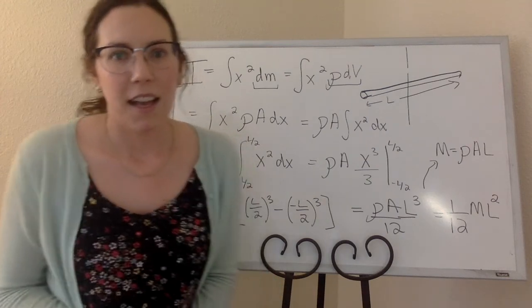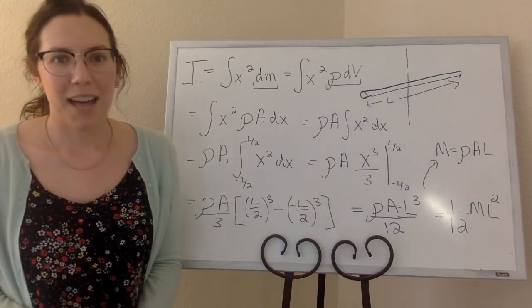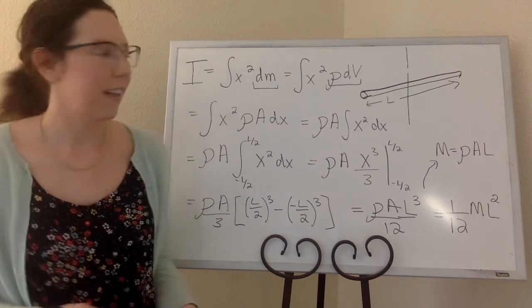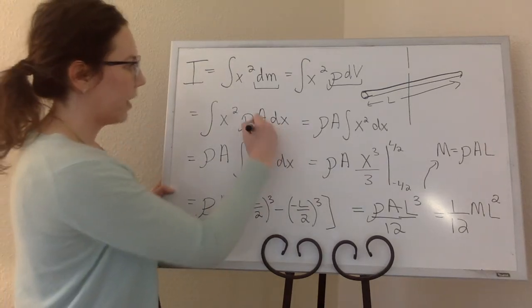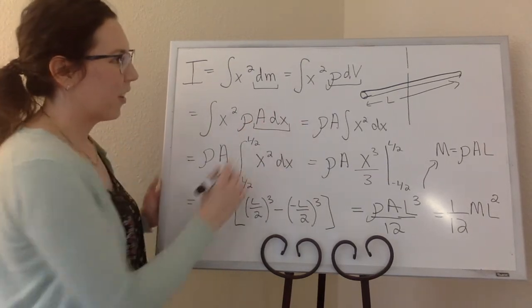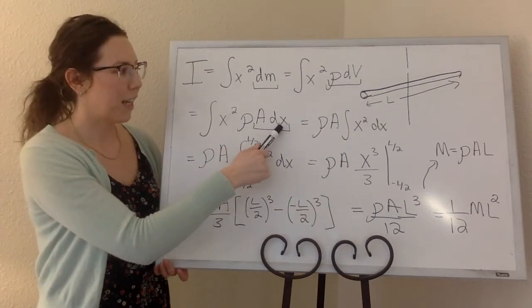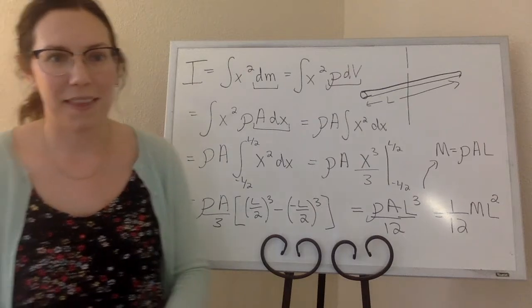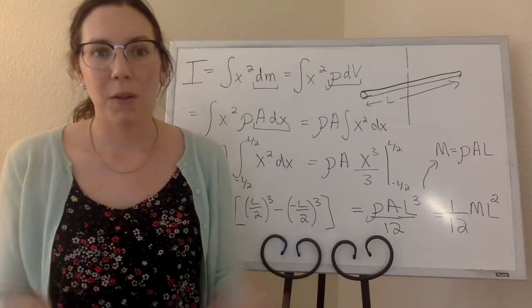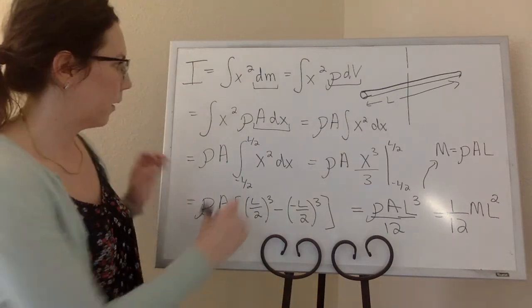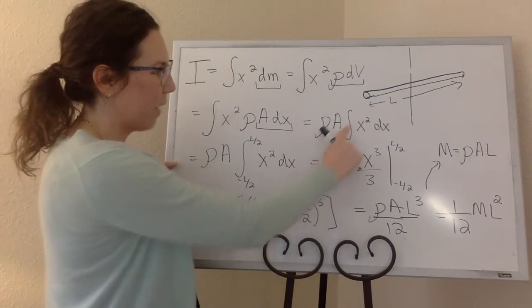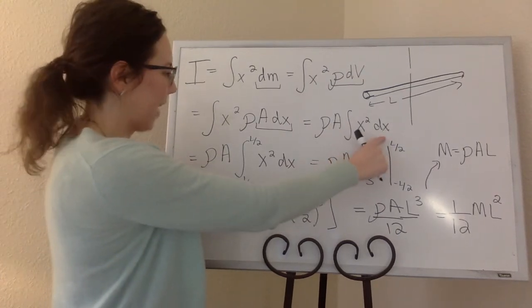Further, I want to replace dV by area times dx. Again, the cross-sectional area of this thin rod would be constant, so it's only dx that has that increment. Then we can pull those constants out in front. So rho A comes out in front, and we have the integral over x squared dx.